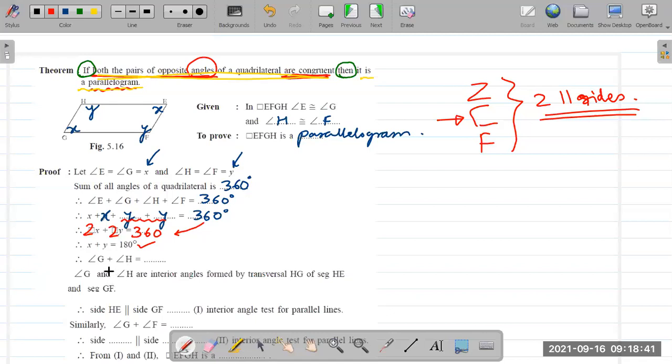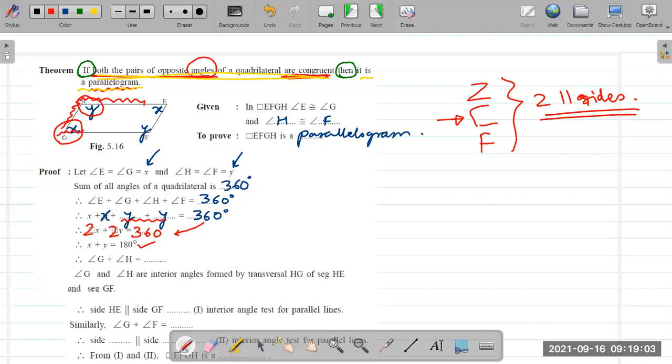And we can replace back. What is x? X is g. And what is y? Y is h. Intentionally we are using these two adjacent angles. Why are we doing that? Because we want C formation.